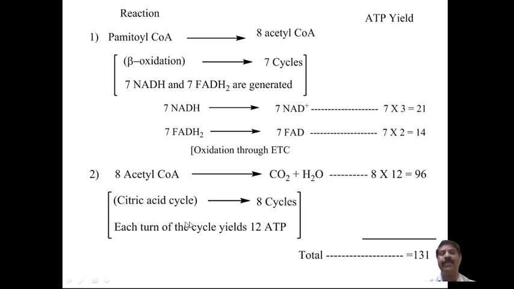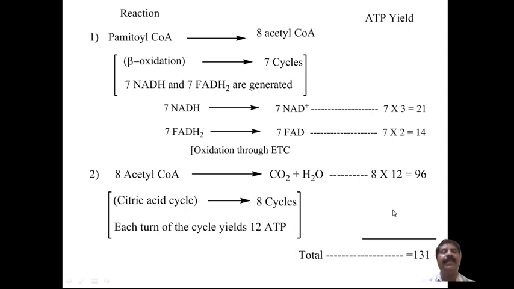There will be 8 cycles, and for each citric acid cycle, as we already know, the ATP calculation is 12 molecules. Therefore 8 into 12 ATP molecules, that is 96.